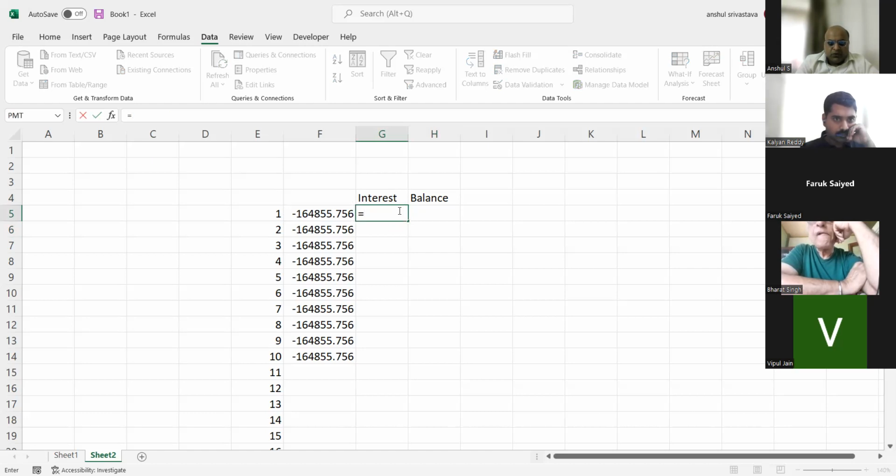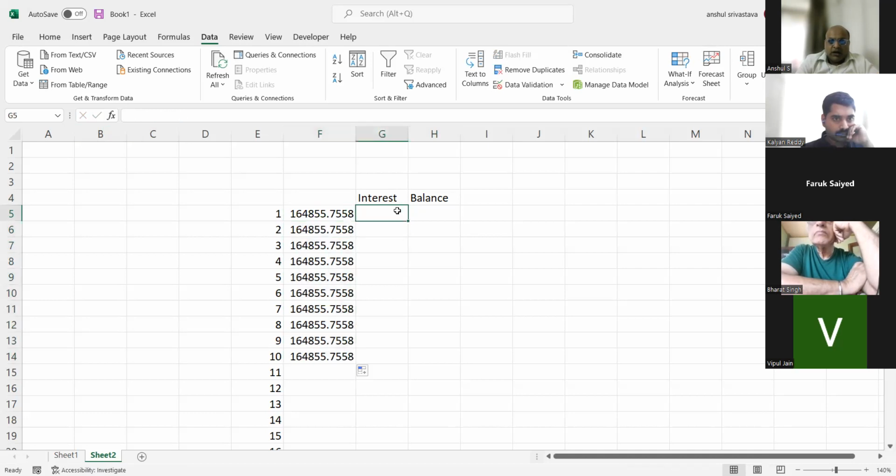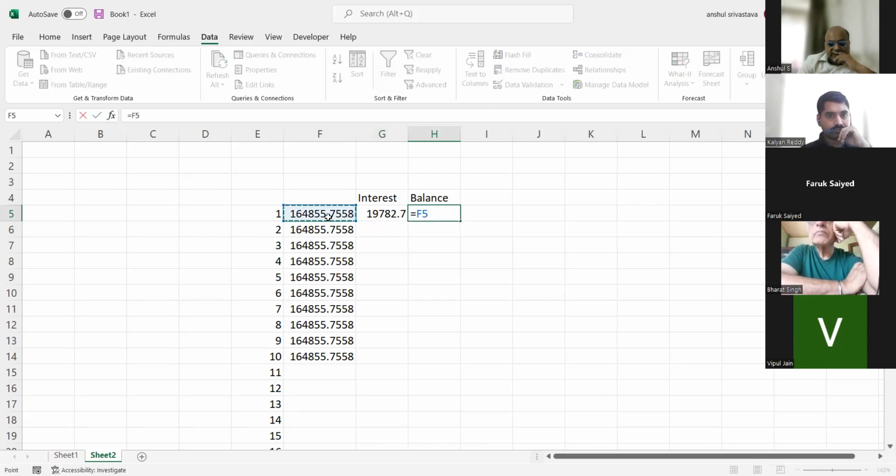So, instead of taking the minus, let's take this as positive. Interest is this into 12%. Thank you, Aparna. Now balance would be this plus this.